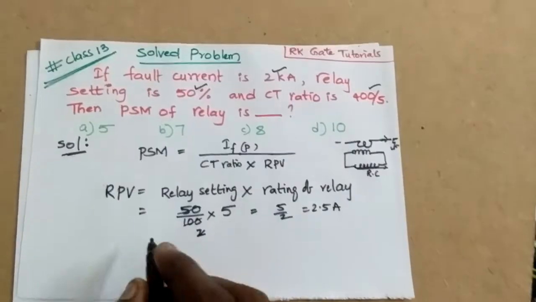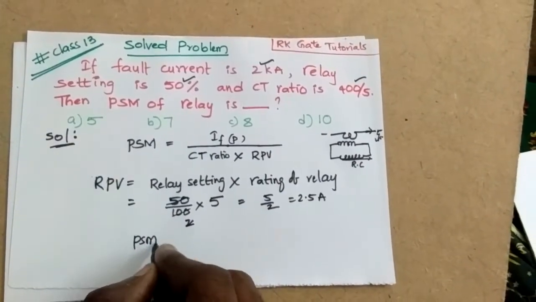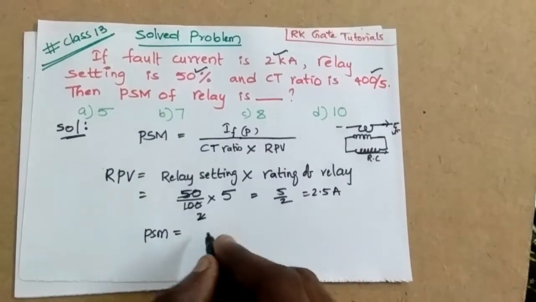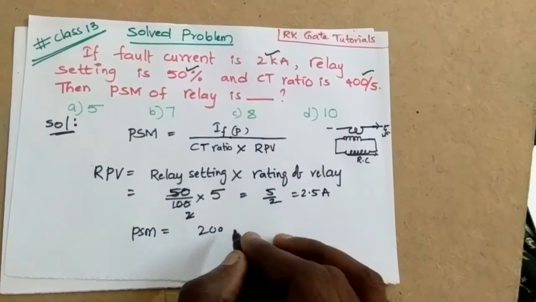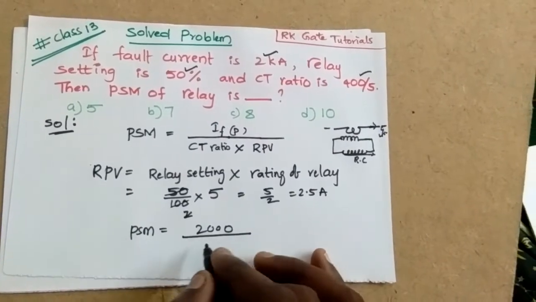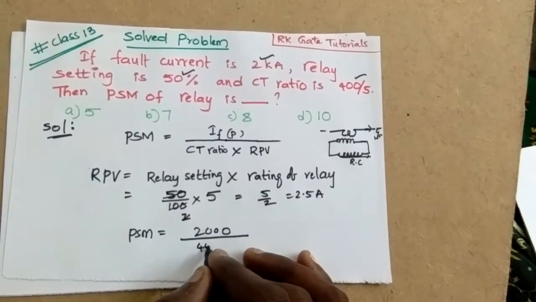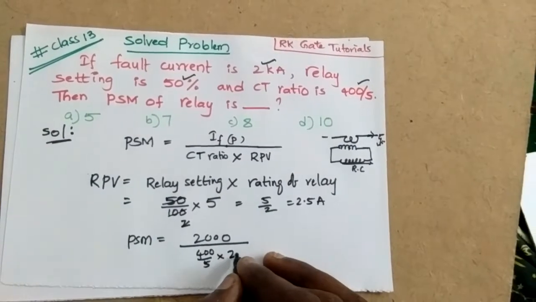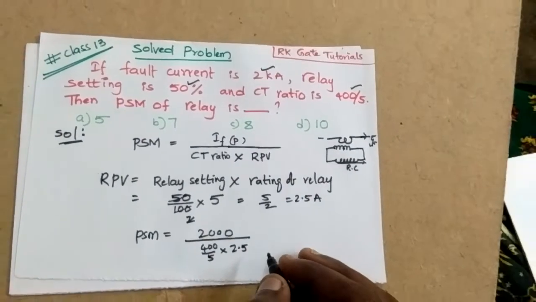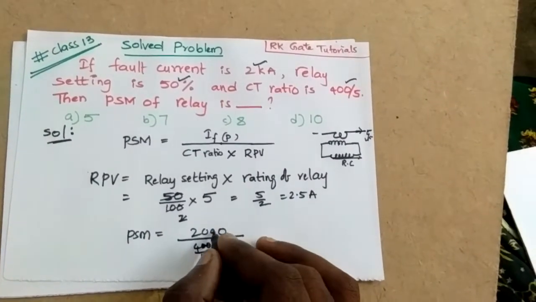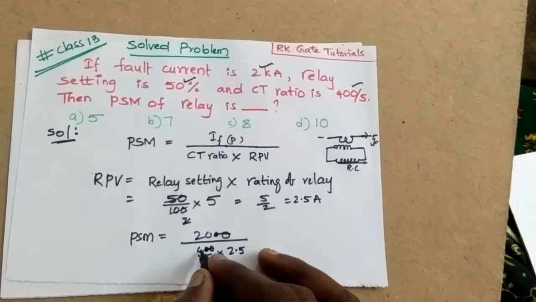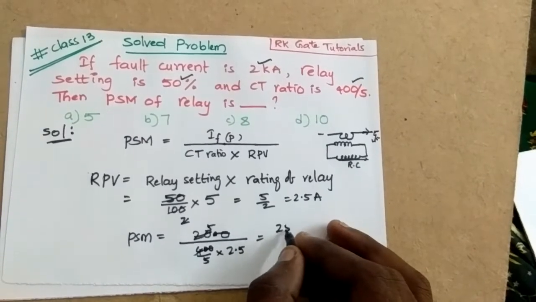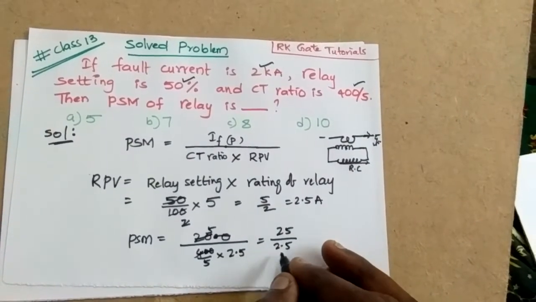Now let us calculate the PSM. The fault current is given, that is 2 kilo amperes, which means 2000 amperes, over the CT ratio 400 by 5, multiplied by the relay pickup value 2.5. Two zeros get cancelled, 4 5 times, 5 goes up, 5 5 25, upon 2.5.